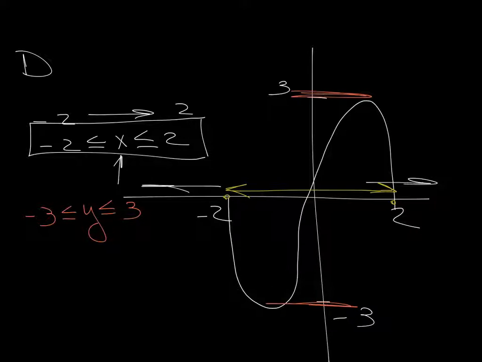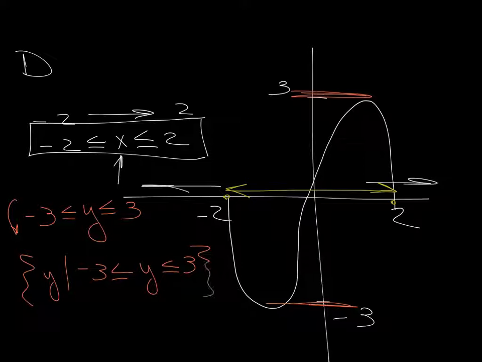Some books write it as y such that -3 is less than or equal to y, which is less than or equal to 3. And they would write the domain as set x such that -2 is less than or equal to x, which is less than or equal to 2.